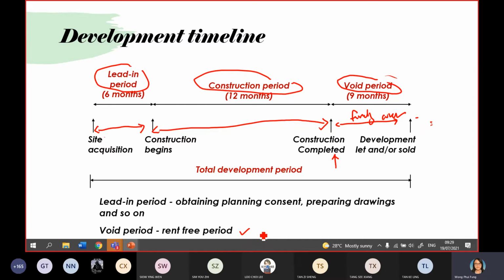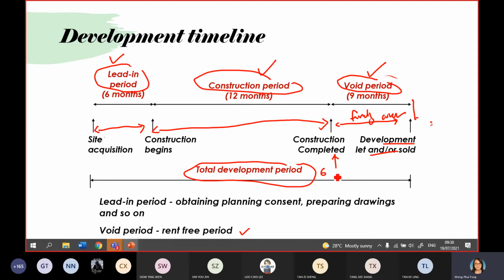To cover this void period, developers sometimes seek funding until the development is fully let and sold. So your total development period will be your lead-in plus the construction period plus the void period.